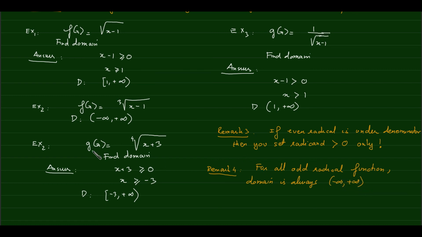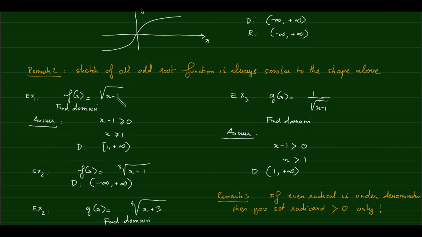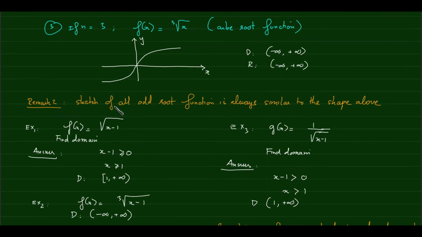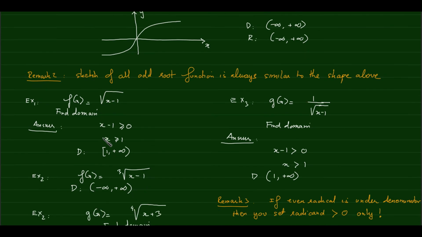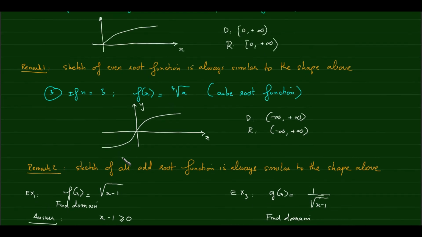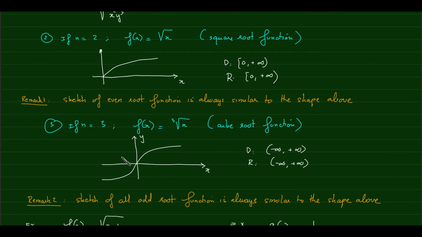But you see that for the even radical, the domain could be different. The shape will be the same, but the domain is different.